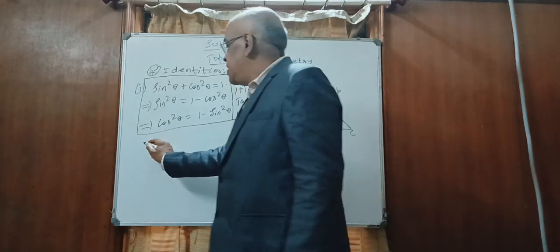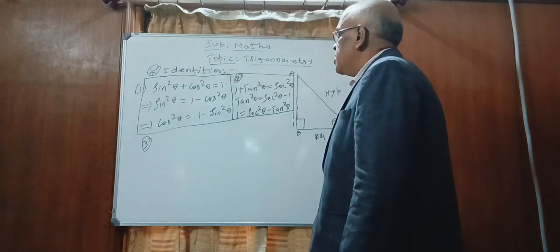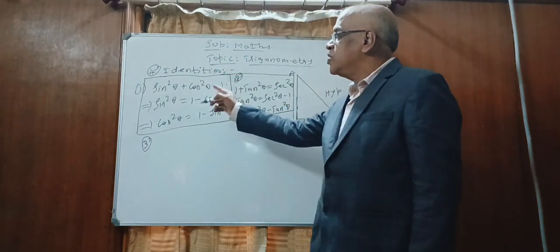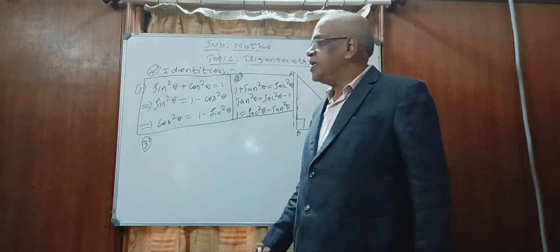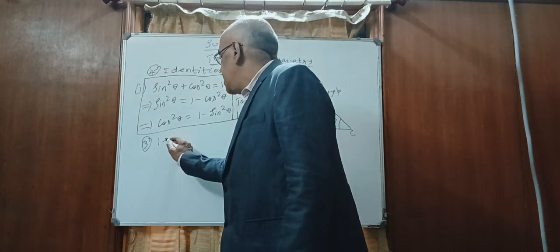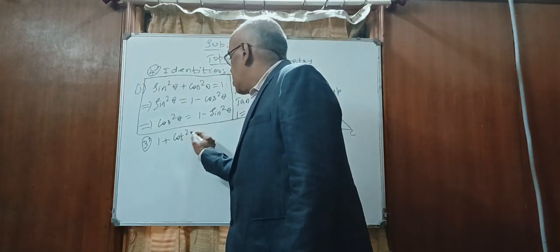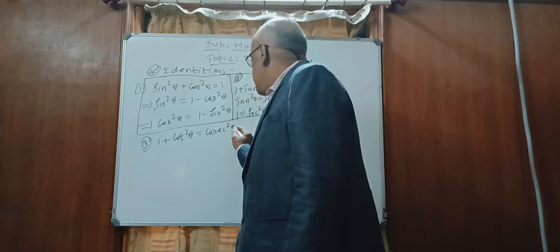What is the third identity? Among sin, cos, tan, cot, secant, cosecant: first sin, cos, then tan and secant. Which are the left-over trigonometric ratios? Cot and cosecant. So what is the third identity? 1 plus cot square theta is equal to cosec square theta.